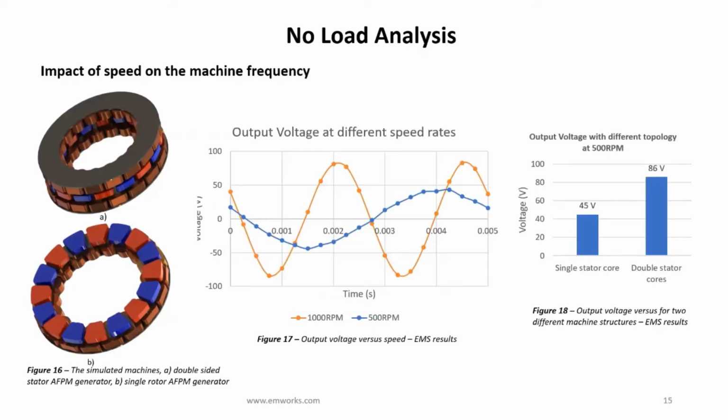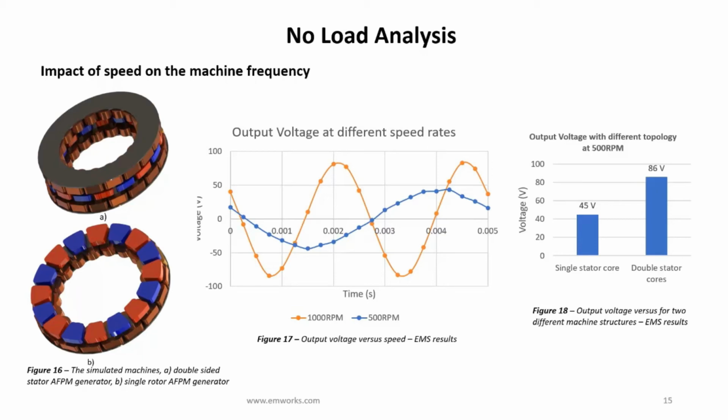Before prototyping the generator, we need to know the impact of the speed on the frequency of the designed machine. For this purpose, we use two different machines. The first is a single stator Axial-Flux Permanent Magnet Generator, while the second is a double-sided stator machine. Using the multi-configuration feature of SOLIDWORKS, we were able to run both designed machines within the same model.